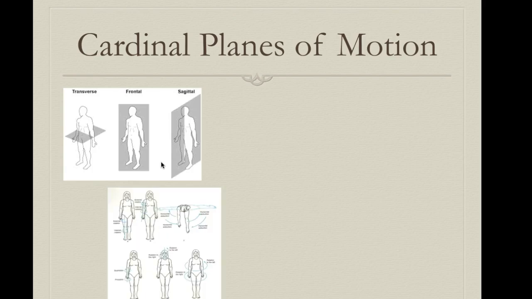So, for example, you have the transverse plane of motion where you see a lot of rotation type of movements occur, as demonstrated here. So anything where you have horizontal abduction or adduction, any kind of rotation at the spine would occur in the transverse plane.